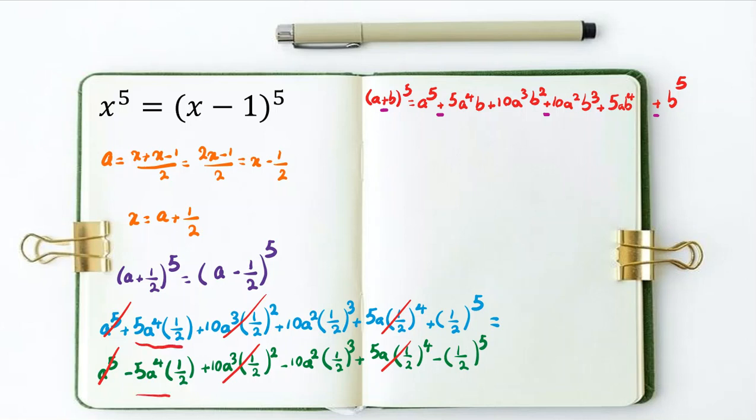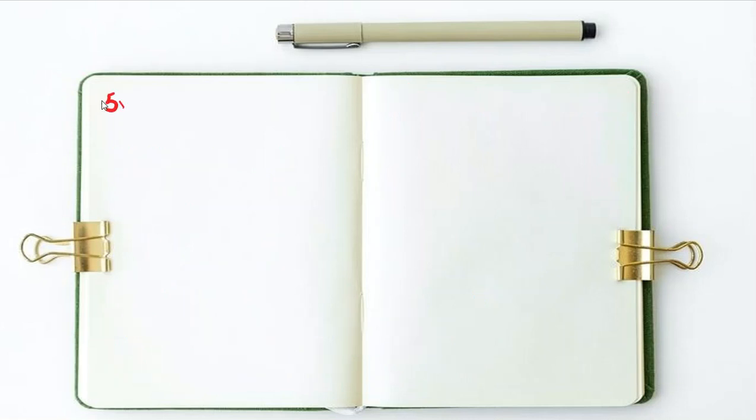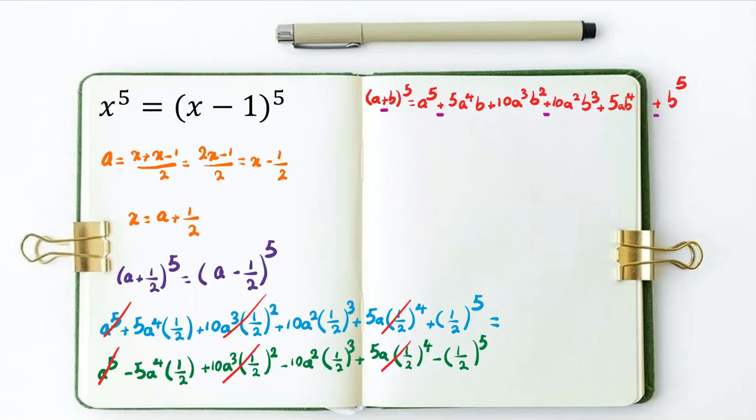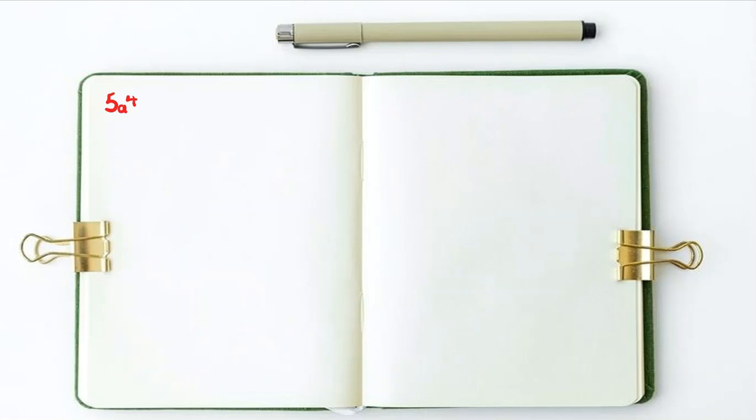Look, when you take all things to the left hand side, it means for this part we have 2 times them. So 2 times 5a^4 times 1 over 2, which will be 5a to the 4. Or these two parts now here, 10a squared and negative 10a squared will be 20a squared 1 over 2 cubed, plus 20a squared 1 over 2 cubed.